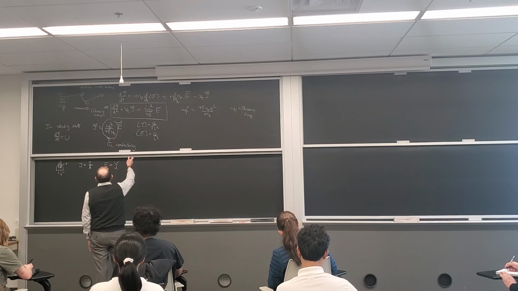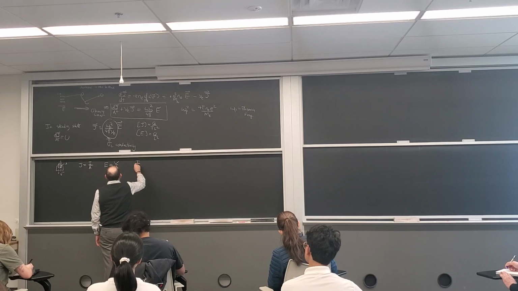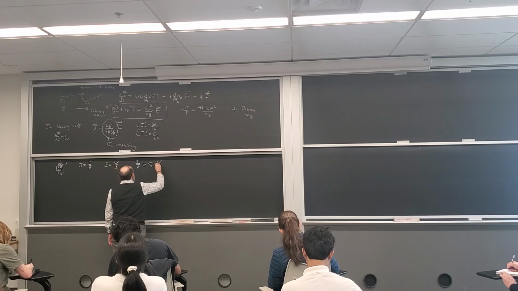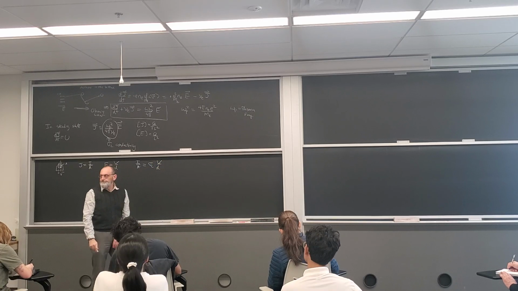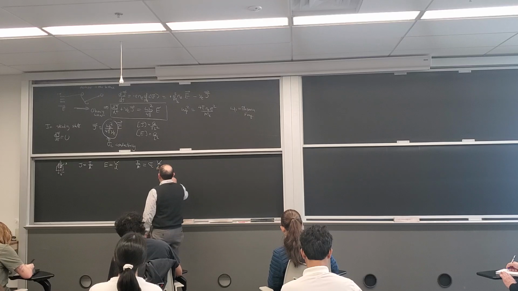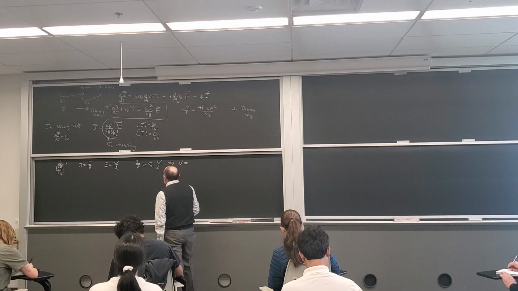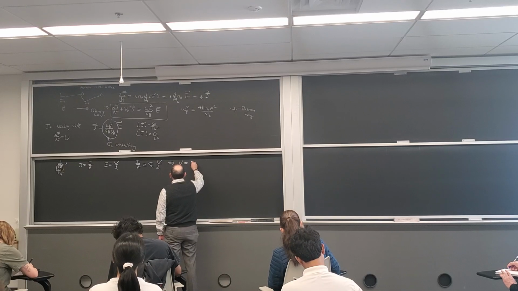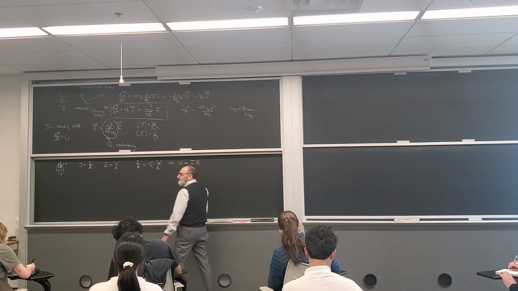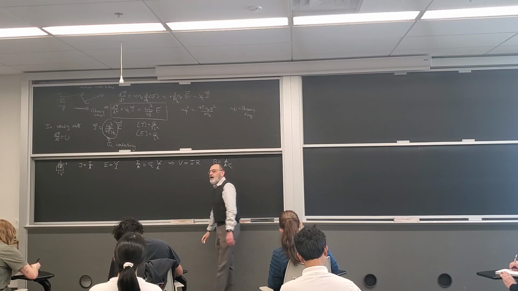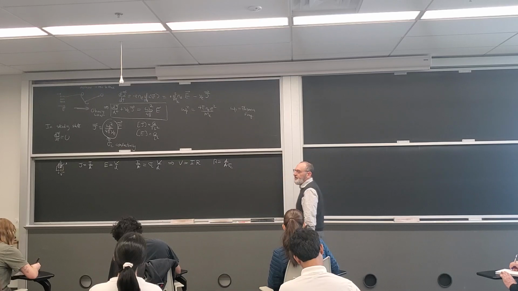So if I plug that into Ohm's law, it says that I over A is equal to the conductivity times V over D. Which tells me that the voltage across that resistor is equal to I times the resistance, where the resistance is equal to D over A times 1 over the conductivity.